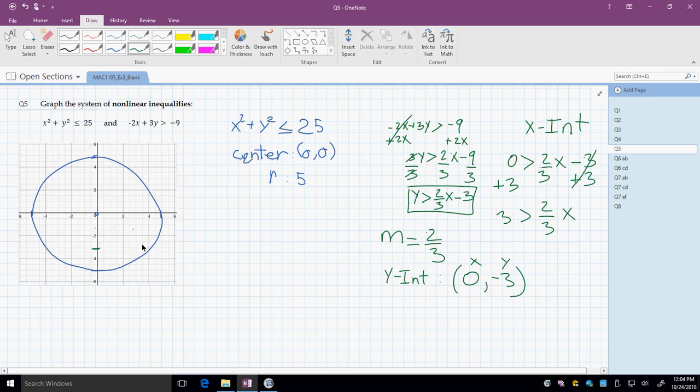To cancel, I need to multiply by the reciprocal. Both sides need to be multiplied. Cancel, cancel, and I have that x is less than 9 over 2.